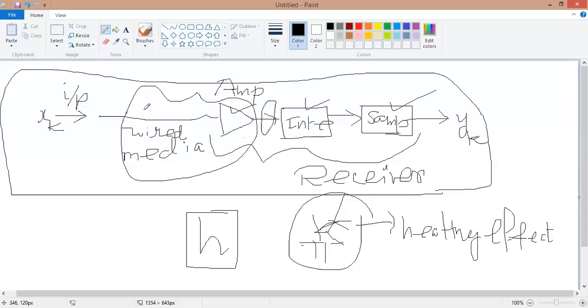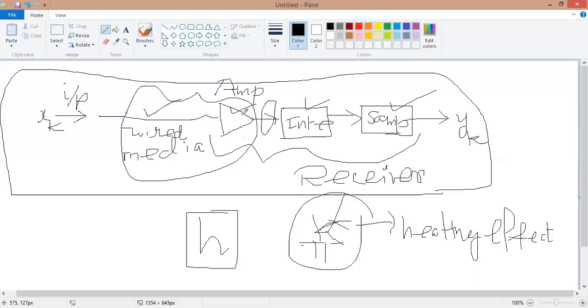So one thing, we have found the noise that enters over this medium, but that is not the main issue of our discussion right now. I have considered that no more noise can be inserted, because this is wired media. The only problem is related to attenuation. That's why I have taken the help of an amplifier.